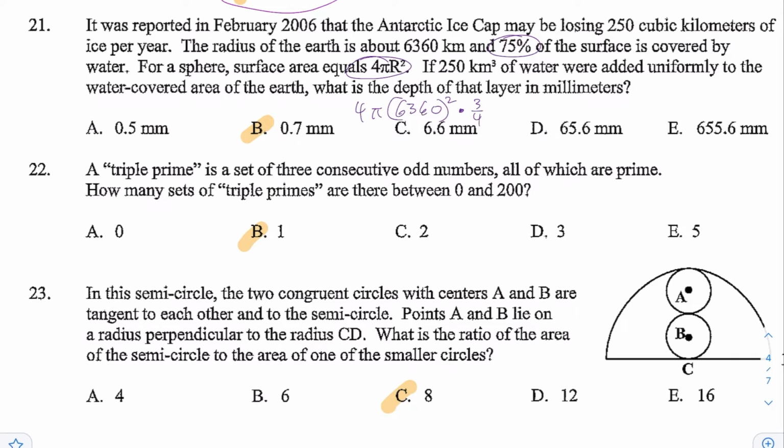And once you get this, you'll have to divide by the volume of the ice that is melting every year. So I have to take 250 divided by this number. Or rather, it's this 250 cubic kilometers they have to divide.